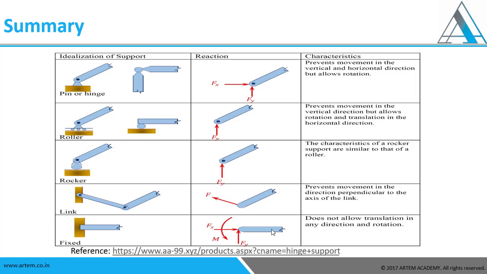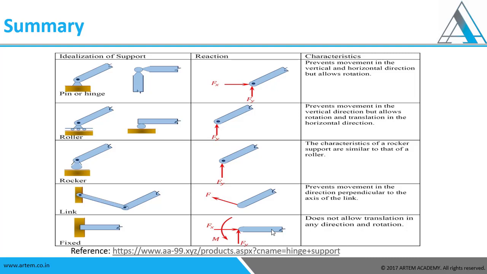We have also mentioned the characteristics of each type of support. The hinge prevents movement in the vertical and horizontal directions but allows rotation. Whereas roller and rocker prevent movement in the vertical direction but allow rotation and translation.